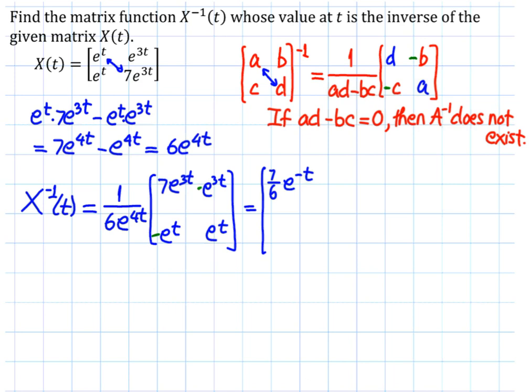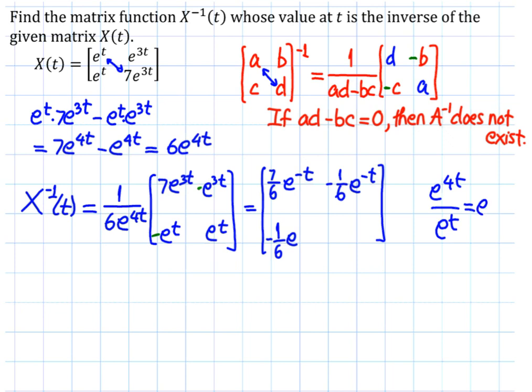And next we have negative 1 over 6 e to the negative t, and then negative 1 over 6 e to the 4t over e to the t.